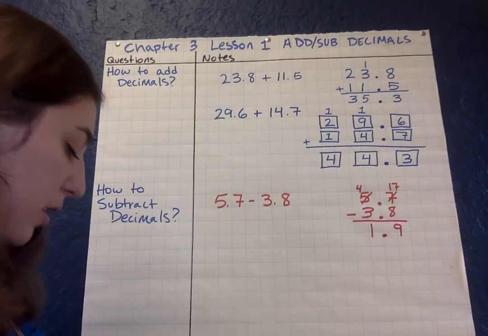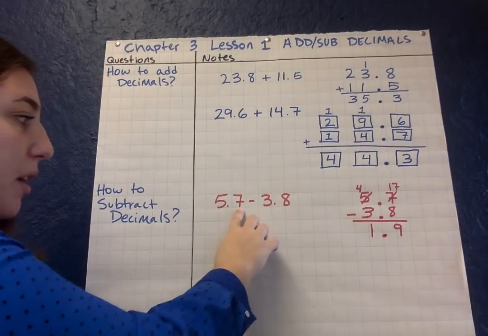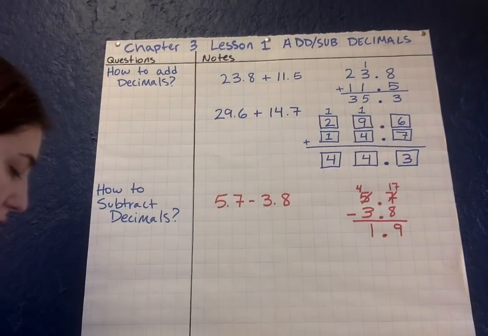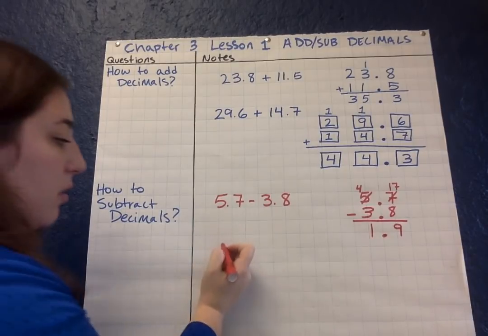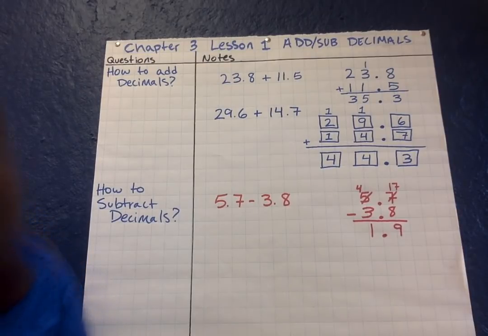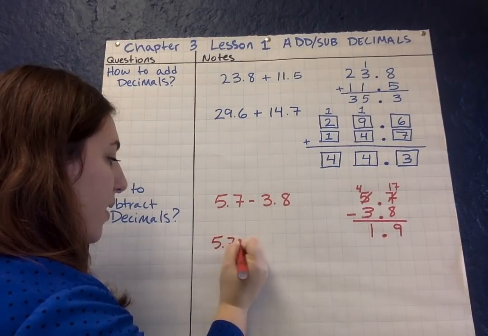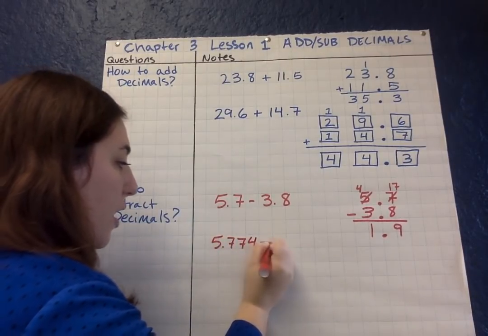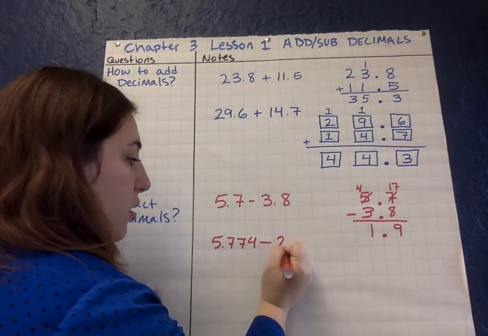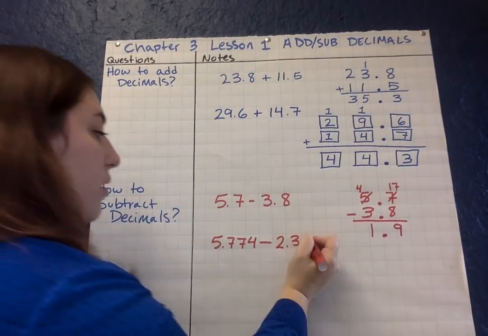Okay, so we are going to subtract decimals now with some more numbers behind the decimal. So let's try 5.774 minus 2.371.